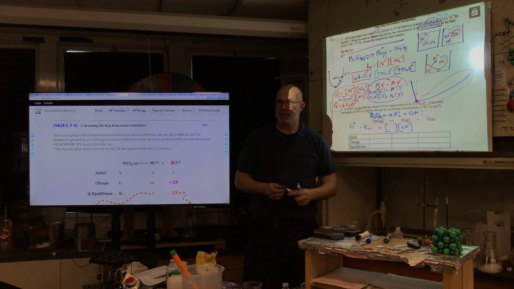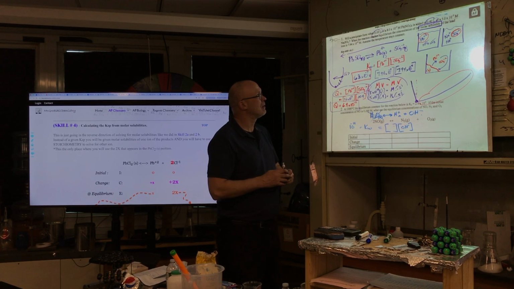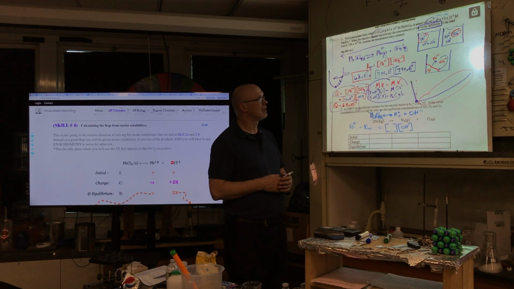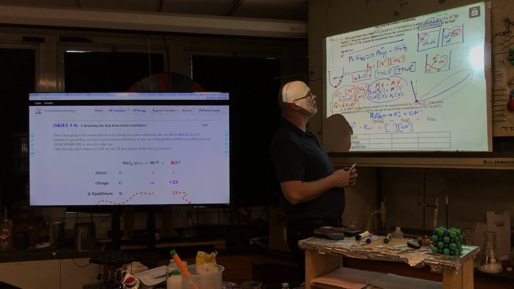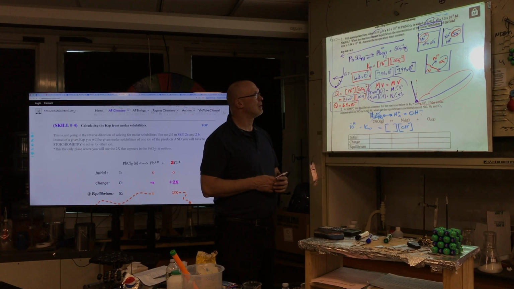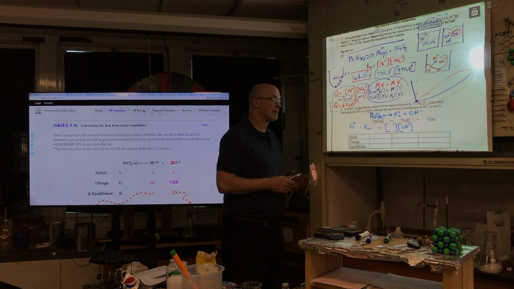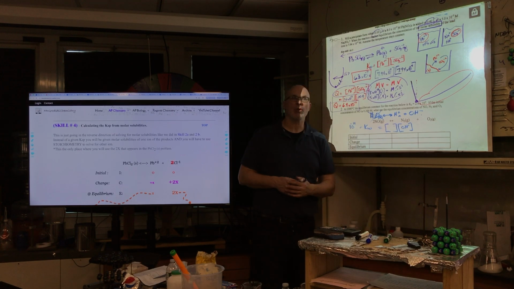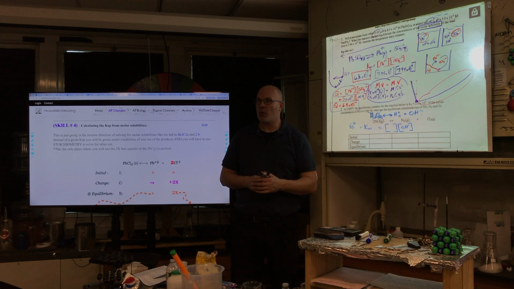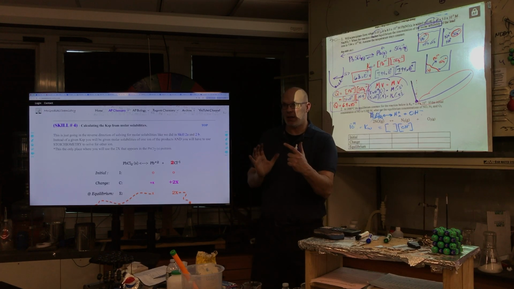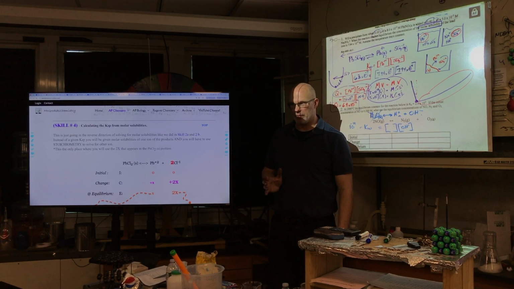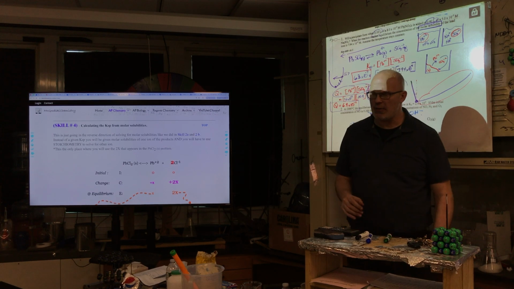Since at equilibrium the molar solubility of the lead is that number, 7.94, and there are different amounts of the lead ions and the sulfate ions, why are the two molar solubilities the same? Because we're looking at the position of what it would be if I take this solid and just drop it in water. We're finding that spot, and then we're going to take that number and compare it to if I just throw stuff together.